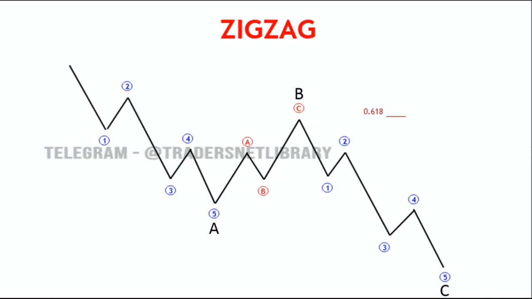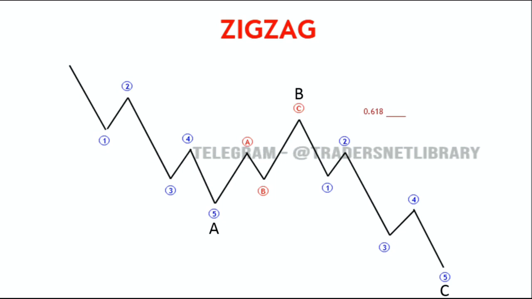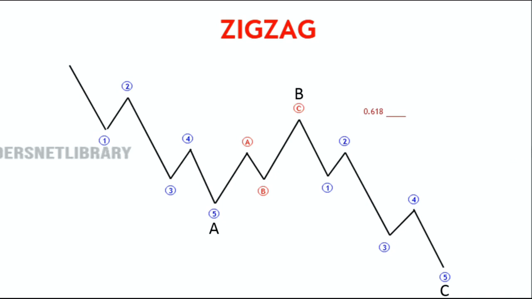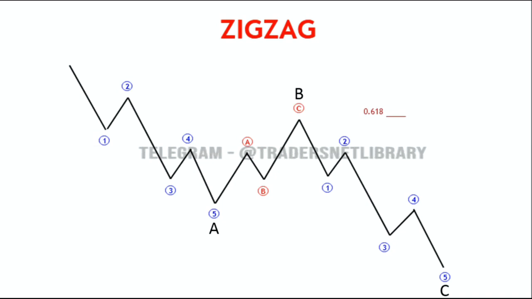As mentioned, wave B cannot be in the form of a running flat pattern. This means that the end of wave B must enter the end of wave A. Usually, according to the common styles of Elliott wave theory, such as the Minor, Preacher, and Neely approaches, in a zigzag pattern wave B cannot correct wave A more than 61.8%.